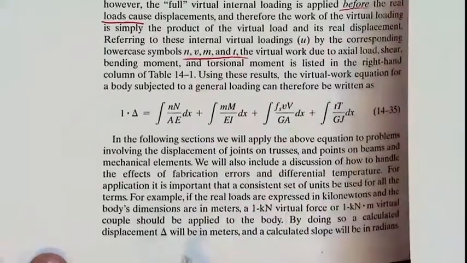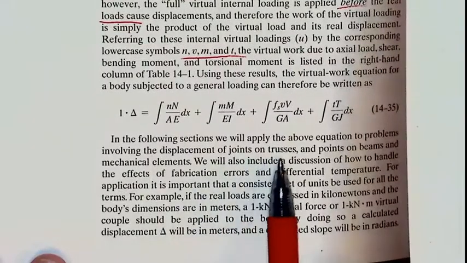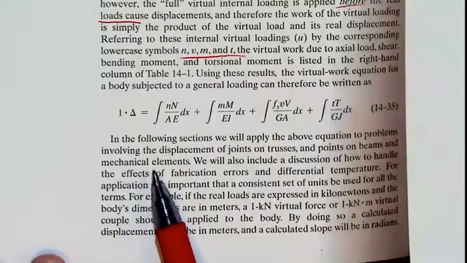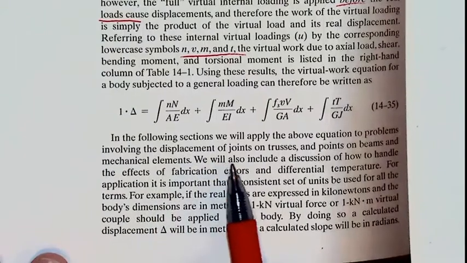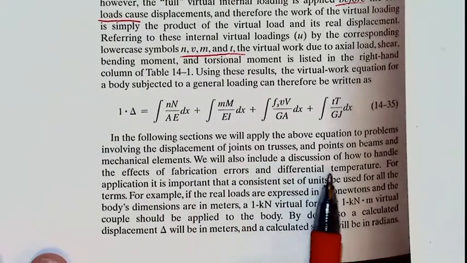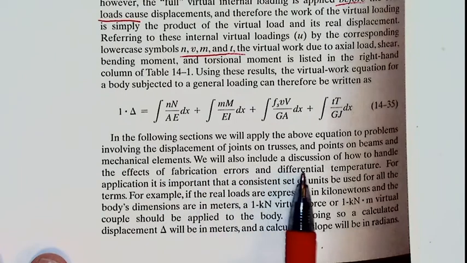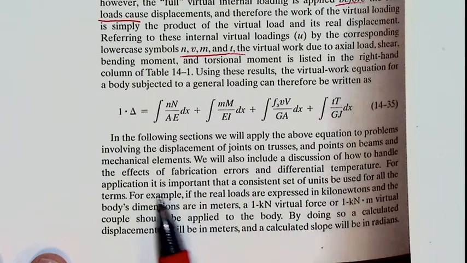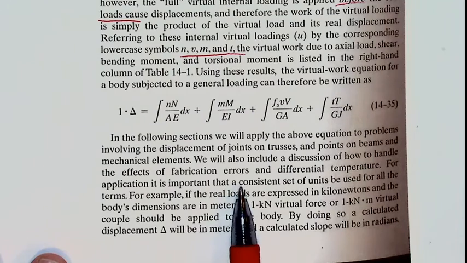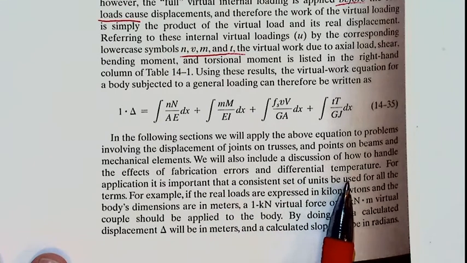In the following sections, we will apply the above equation to problems involving the displacements of joints on trusses, points on beams, and mechanical elements. We will also include a discussion on how to handle the effects of fabrication errors and differential temperature.